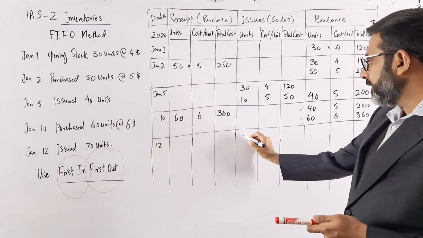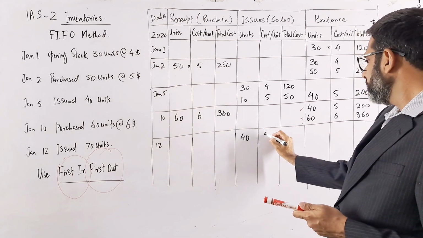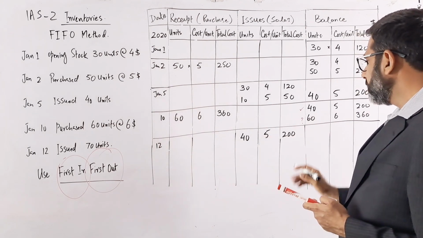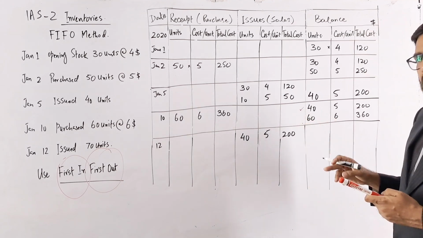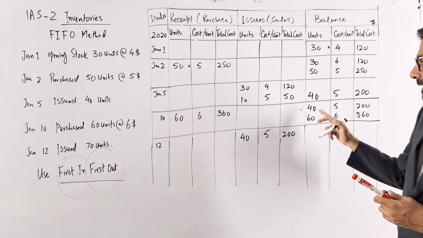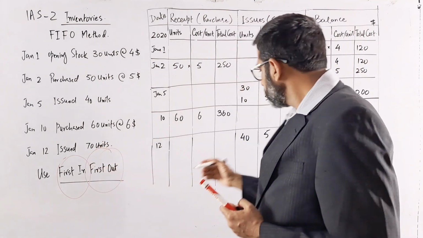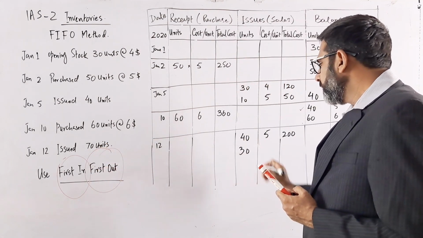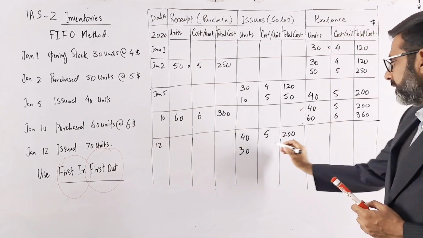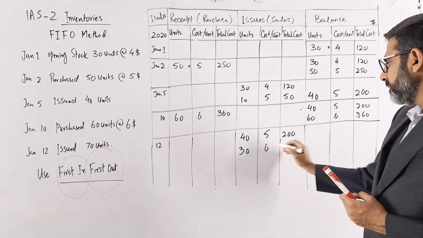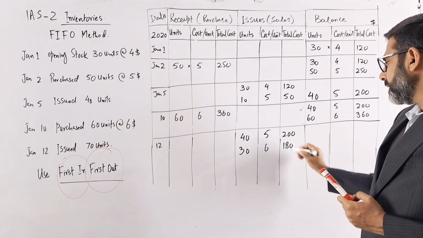So 40 units from here, at 5, so 200. But again, how many extra do we need? We need a total of 70 units to be issued, so 30 units more. It means they will be issued from the $6 units, so it will be 180.